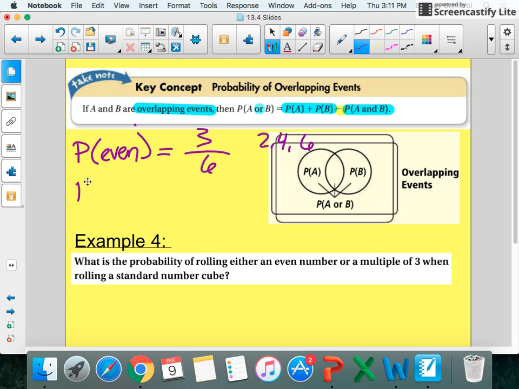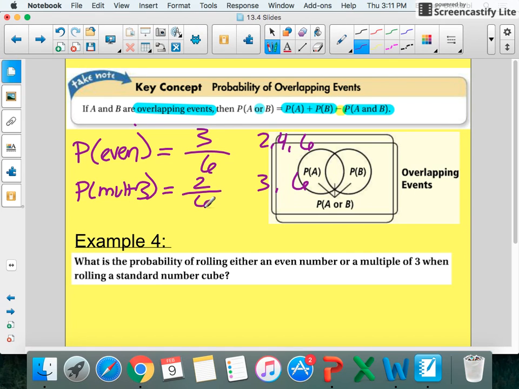Then it wants to know my multiples of 3. So if I think about a number cube, again, I've got 1, 2, 3, 4, 5, and 6. Well, 3 is a multiple of 3, and so is 6. So I've got a 2 out of 6 chance that you have a multiple of 3.